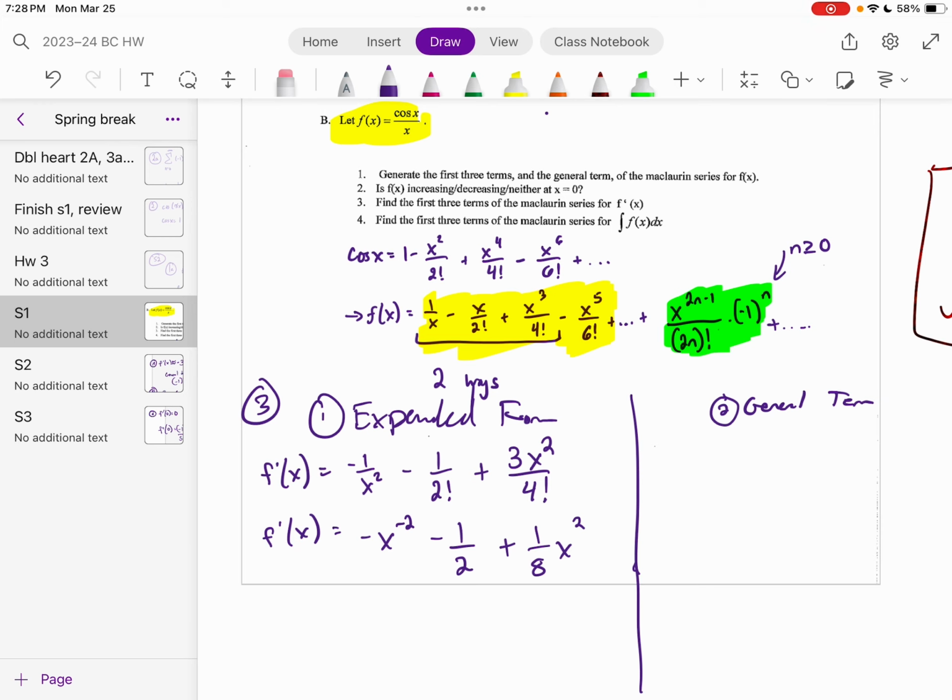So let's now think about the general term here. If we were to take the derivative of this friend up here in green, right, we're going to take the derivative of that friend up there highlighted in green, and we need to be a little bit careful here, right?